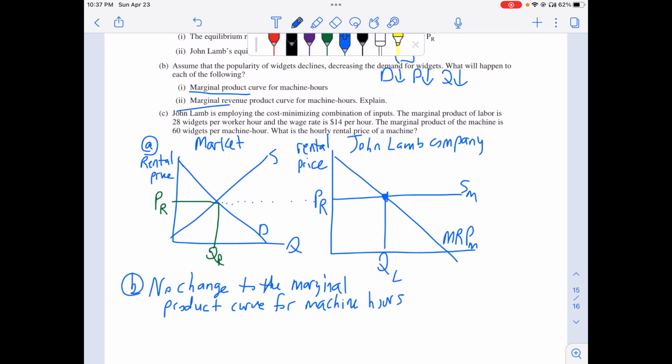Now, what happened to your marginal revenue product? Well, if your price goes down, what happened to your marginal revenue? That went down. So therefore, your MRP has to go down.